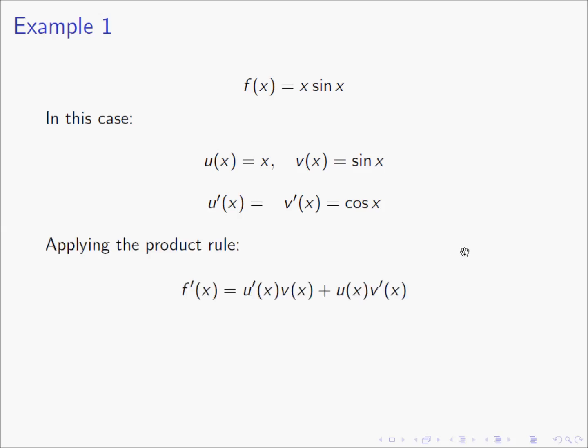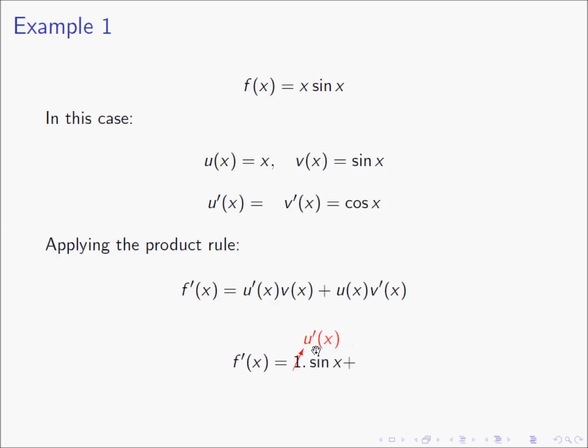The product rule tells us that the derivative of f is given by this formula. So we only need to replace these values in this formula. We get f prime of x equals 1 times sine of x.